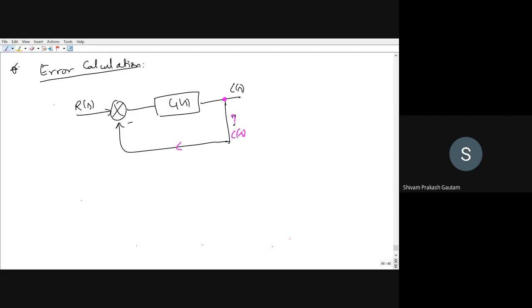What is the gain of this path? Gain is 1. Because nothing. So C(s) into 1, that means C(s) will be flowing to this part. And C(s) will be flowing to here, and here is positive. And this part is called error. Error is what? What will be the error? Calculate. See the summing point.